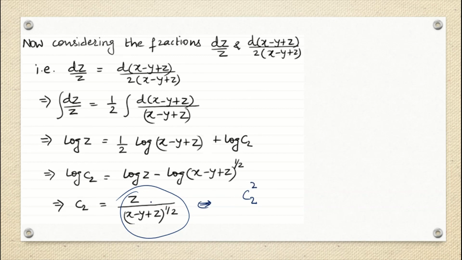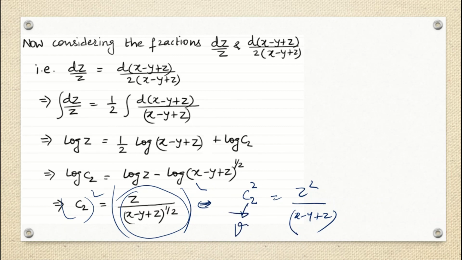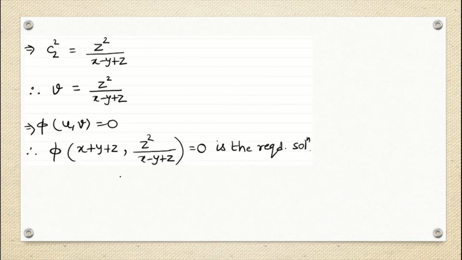If we square both sides, it will be z square by x minus y plus z, and again this c2 square is some other arbitrary constant, and you are only interested in the arbitrary constant, which you equate with v. So v you can write as z square by x minus y plus z. Even that is your answer, and that is also okay.